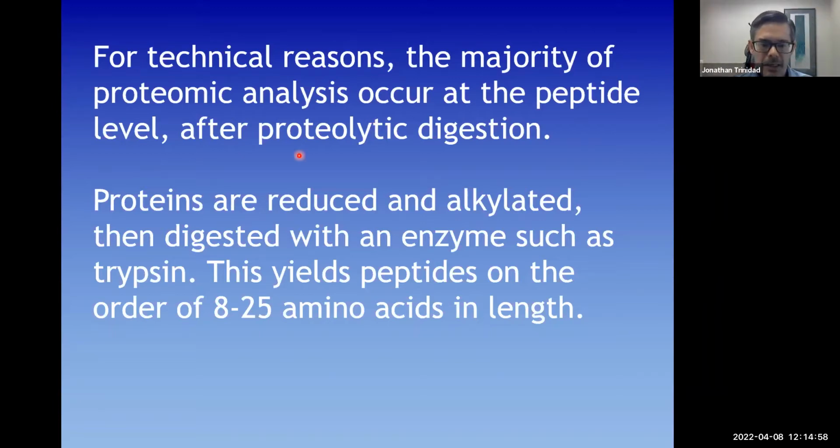And the enzymes, of course, are going to create peptides of varying lengths depending on the protein sequence. But from the mass spectrometer point of view, those between, let's say, 8 to 25 amino acids really give us the most interpretable MS2 spectra.